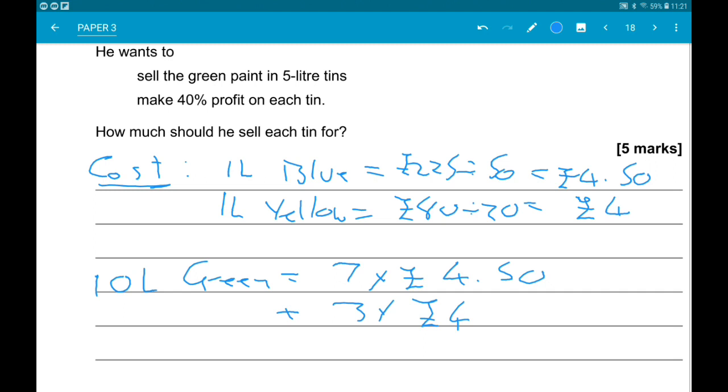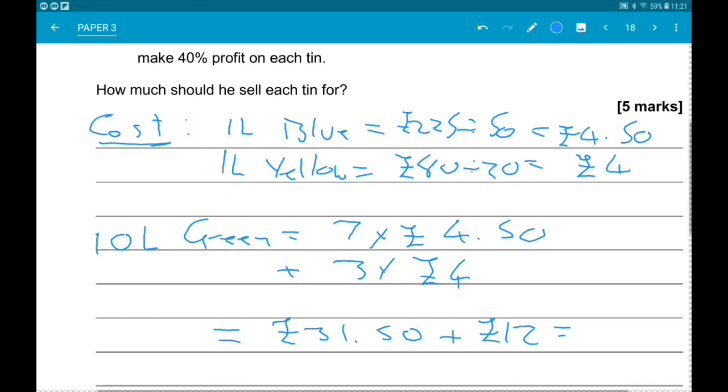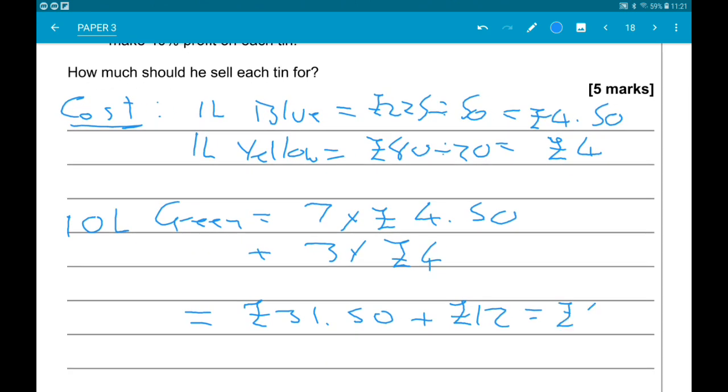Now that is £31.50, add £12. So that's £43.50. So that's the cost of 10 litres of green paint.